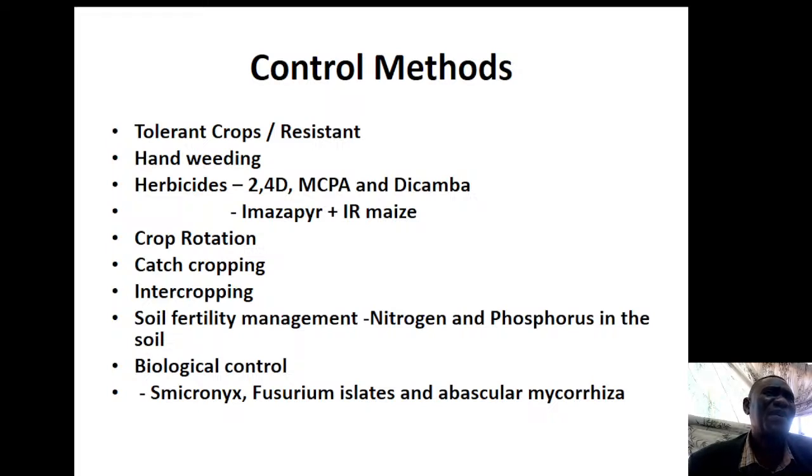Probably in Zimbabwe, fusarium isolates or arbuscular mycorrhiza seem to be within reach. I'm not sure about Synchronix.